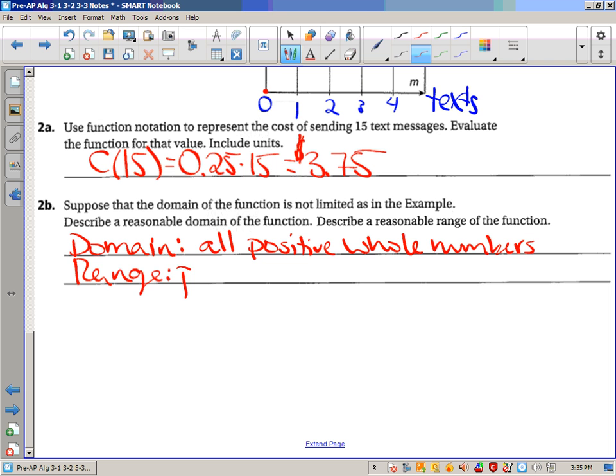So if I said positive multiples of 0.25, that would be my range. So say you sent 100 texts, that would cost you $25. 25 is a multiple of 0.25. Okay?